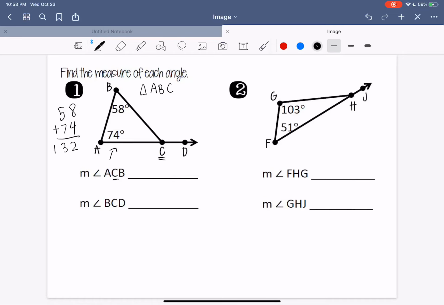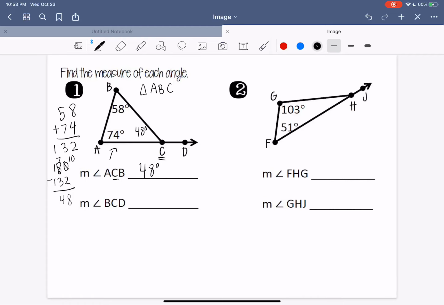It has to equal 180, so we take 180 and subtract 132 to get our other angle. So the measure of angle ACB equals 48 degrees. We knew that one from the triangle sum theorem.